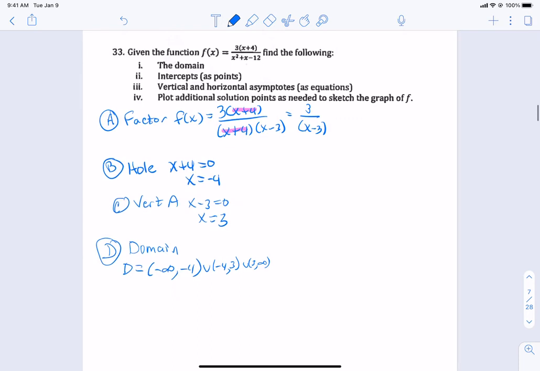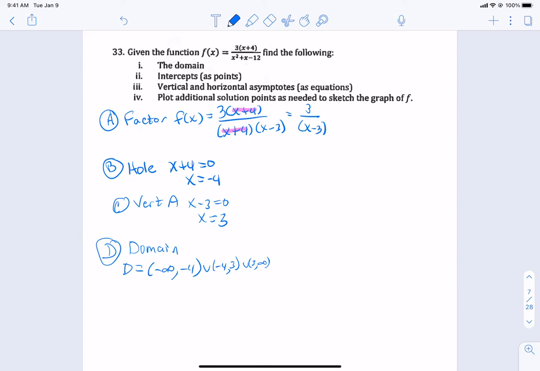So if you see your domain has been broken into 3 pieces, expect that your graph should be broken into 3 pieces. Any questions so far where we're at?